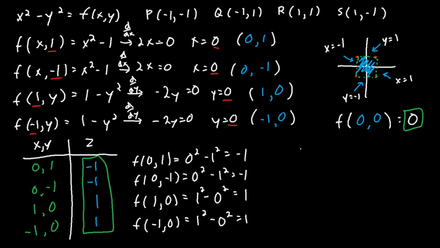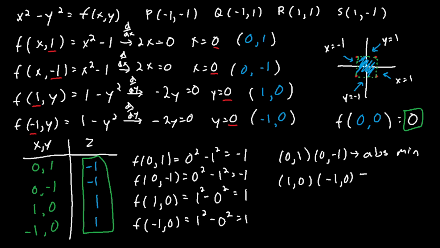And let's just write it down and end the video. So 0, 1 and 0, negative 1 are absolute mins, and 1, 0 and negative 1, 0 are absolute maxes.